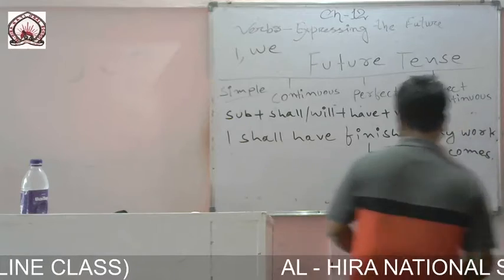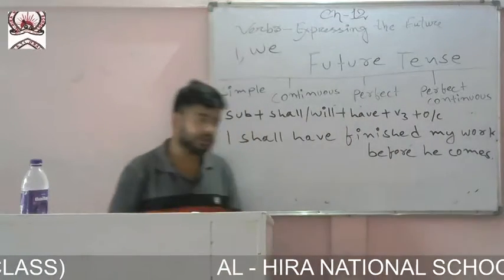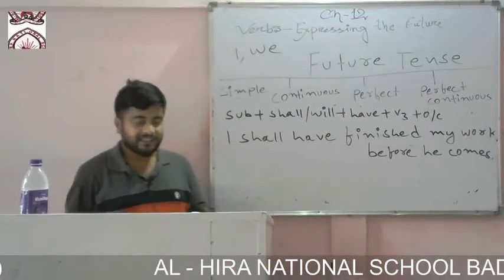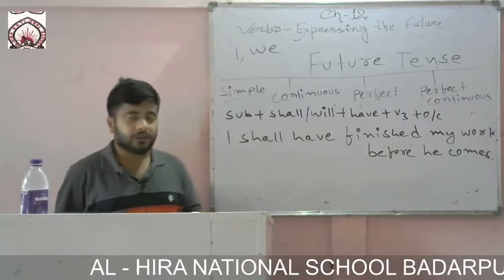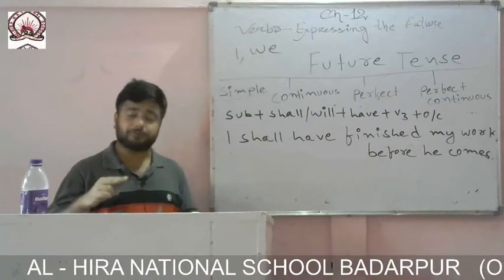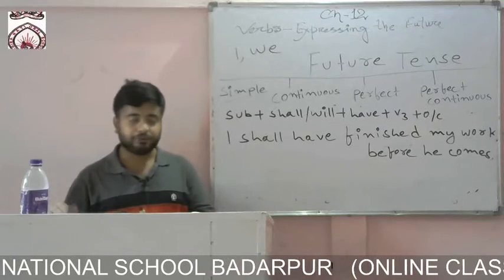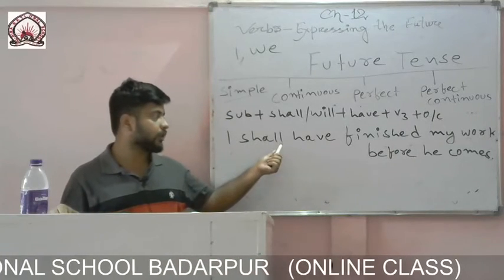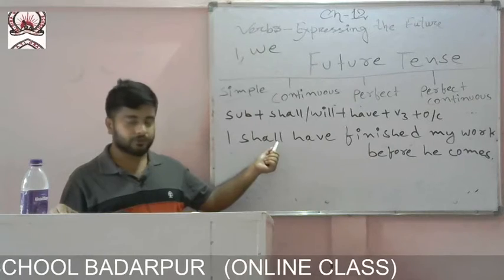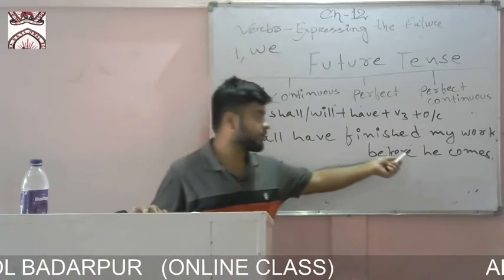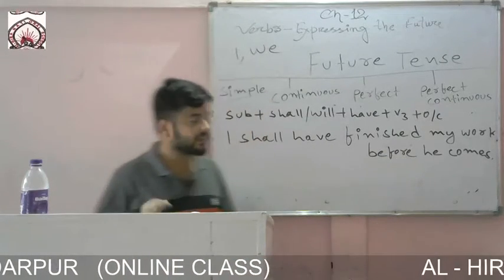I shall have finished my work before he comes. What I have said is that in future perfect, two actions will take place in future. For the first action, we are to use what? Future perfect, and for the second action, present indefinite.